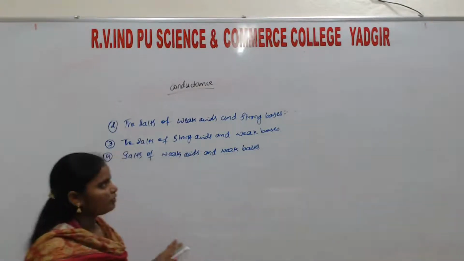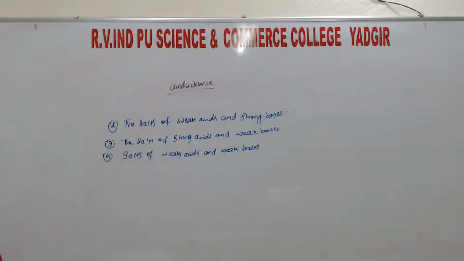These are the examples of the first type of salt. The second one is the salts of weak acids and strong bases.